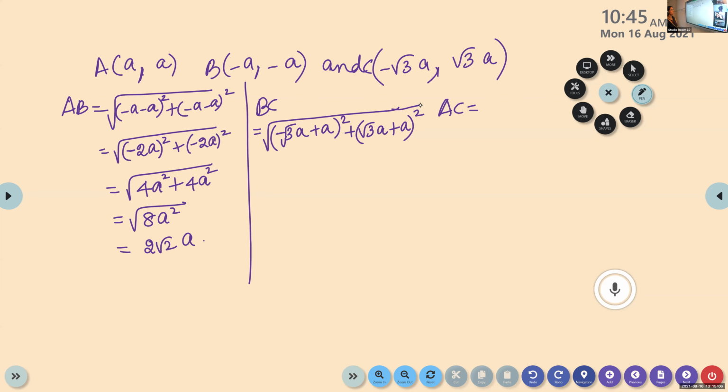So minus root 3a minus of minus a, it will become plus a, the whole square, plus root 3a plus a, the whole square, which is the same as root of.